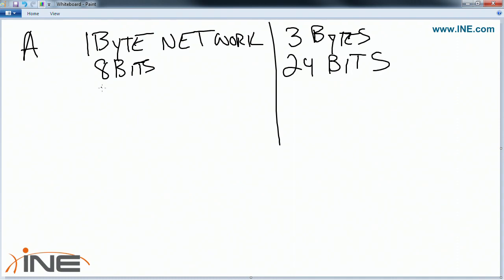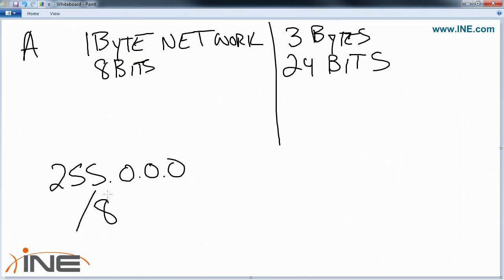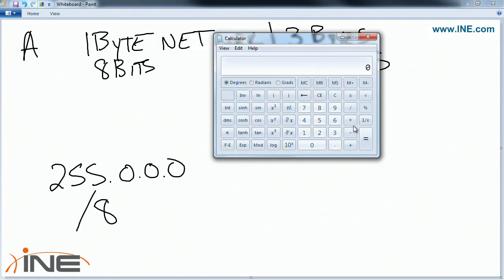So if we had a class A address that had a subnet mask that was 255.0.0.0, which is also sometimes denoted as a /8, it means that in the host portion you have 2 to the 24 as your possible number of hosts. So it's like 16 million hosts you could have in a class A network.